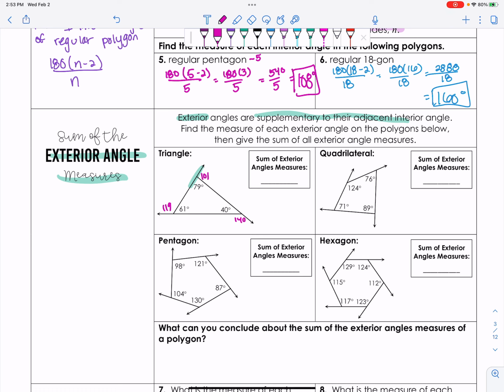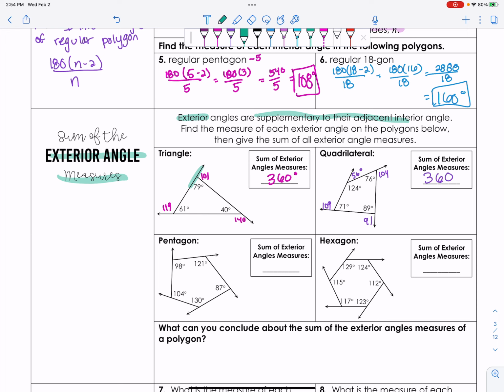If we add all of those up, we get 360 degrees for the sum of the exterior angle measures. For my quadrilateral, if I find all the supplementary angles and add all of them up, I'm also going to get 360.